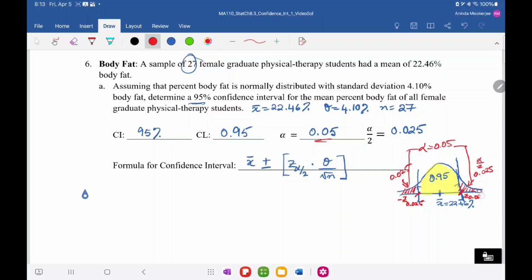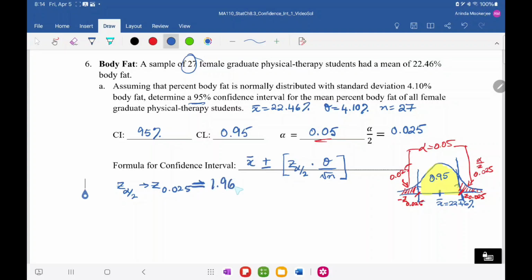Okay, now if we look at the Z table, we will find that Z of alpha by 2, which in this case is Z of 0.025, is 1.96.